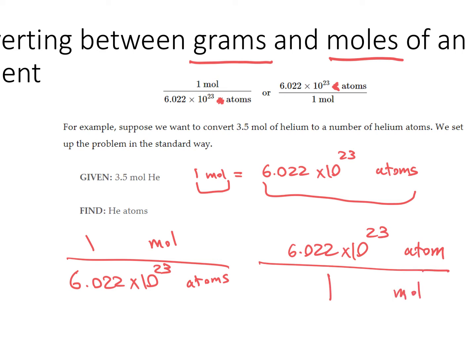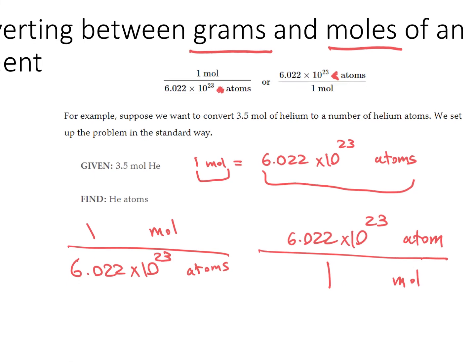And depending on what you want to find, you write the ratio on the left or right. Does that make sense? Any questions so far? Are we good? Okay. Let's solve this example.